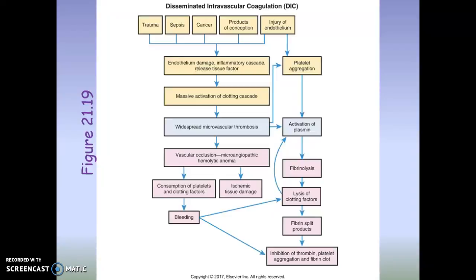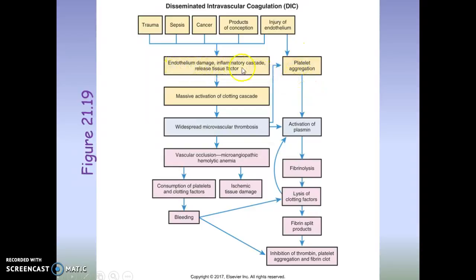All right, so this is a slide, figure 21-19, and you need to look at this and understand the process. So at the top you have different issues. It could be trauma, sepsis, cancer, products of conception, injury to the endothelium, and injury of the endothelium causes direct platelet aggregation. And you've got actually quite a few good figures in chapter 20 that look into this process.